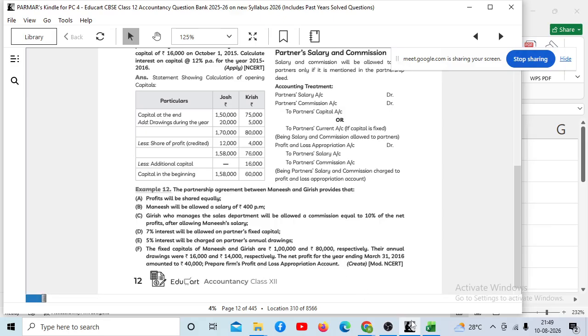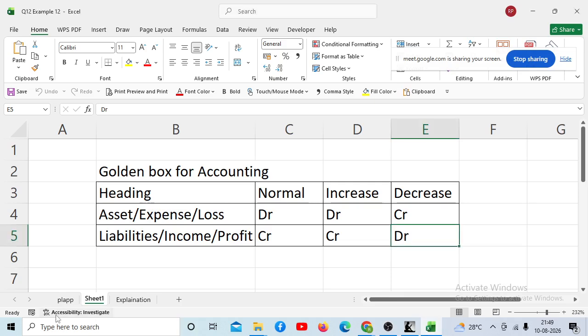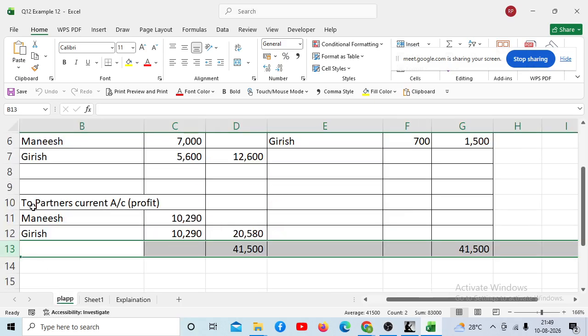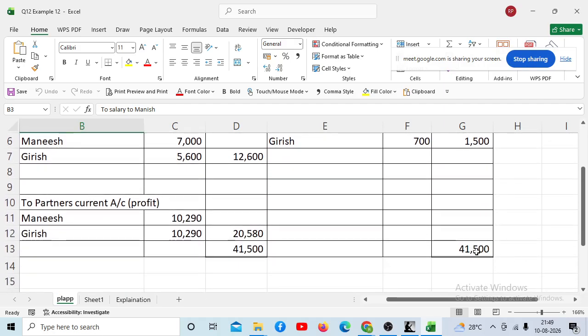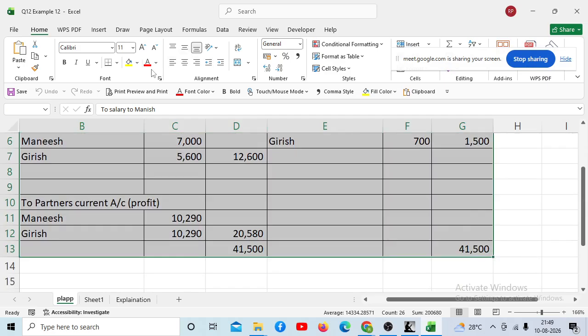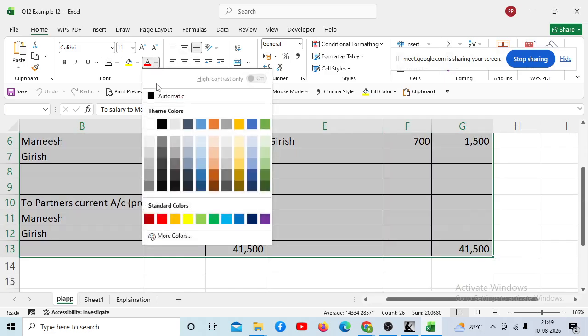Okay, so you have to draw the profit and loss appropriation account. So draw that appropriation account first. Profit and loss appropriation account, these are the columns. Once it is ready, say done.